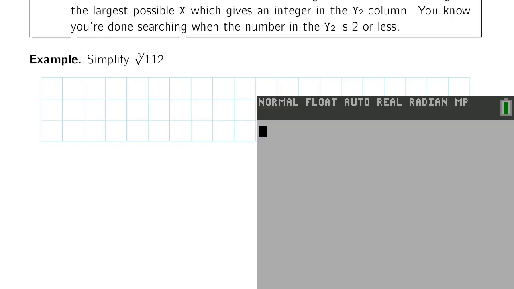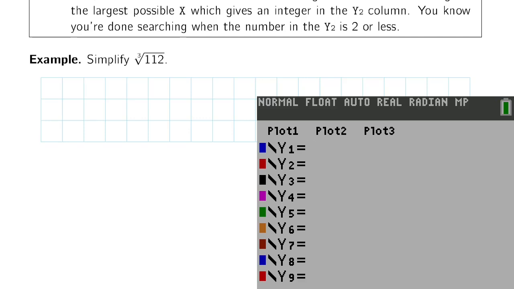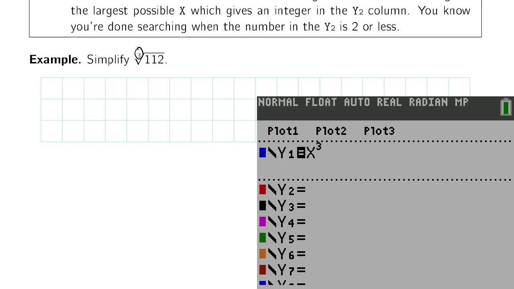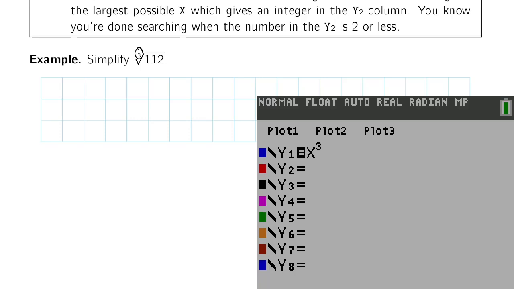The first thing I'm going to do is press my y equals key, and this gives me my enter an equation screen. The index for my root is 3. So for my y1, I'm going to enter x to the third power. For my y2, well, I'm trying to simplify the root of 112.